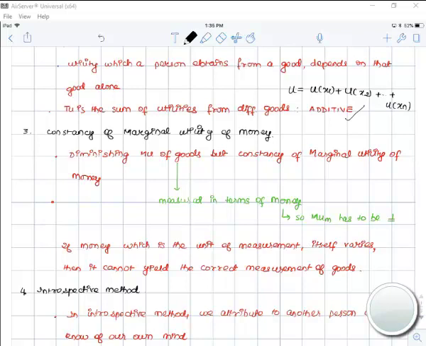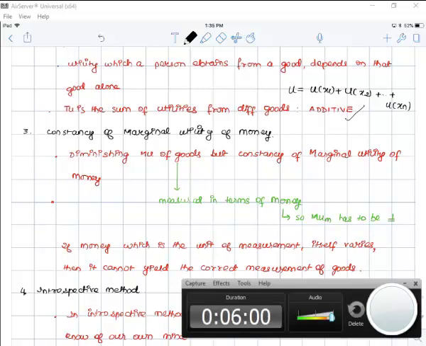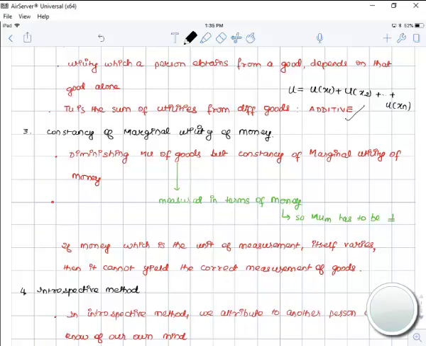For example, if the price of the good falls, then the purchasing power increases. When the purchasing power increases, it means that the marginal utility of money will fall.